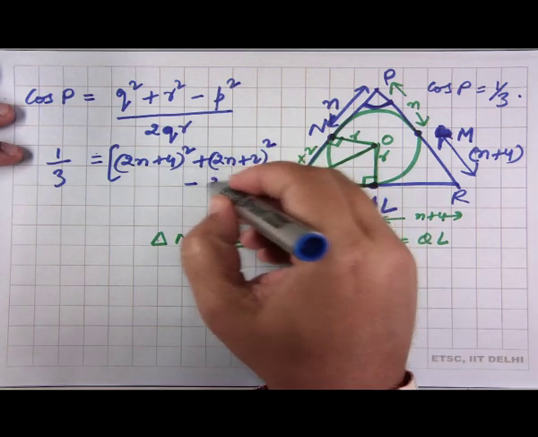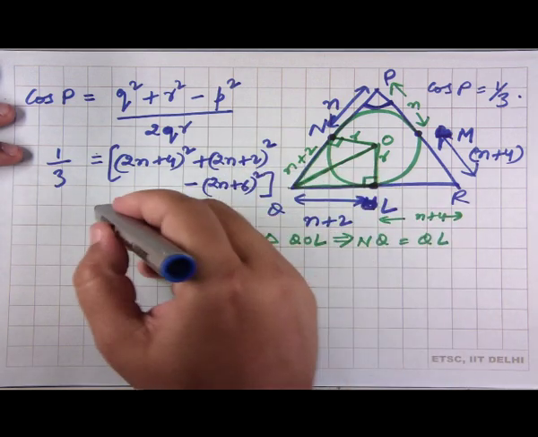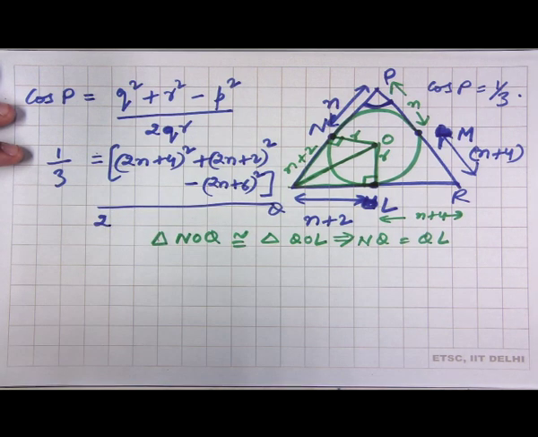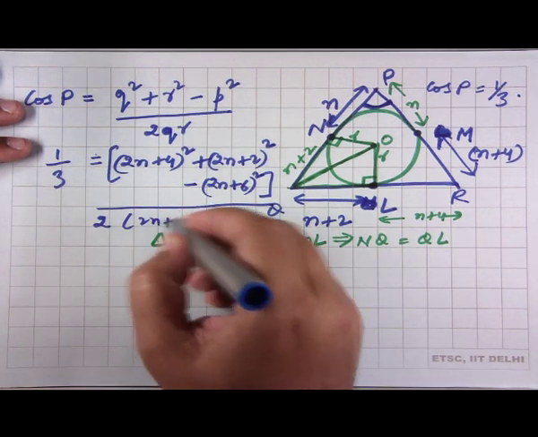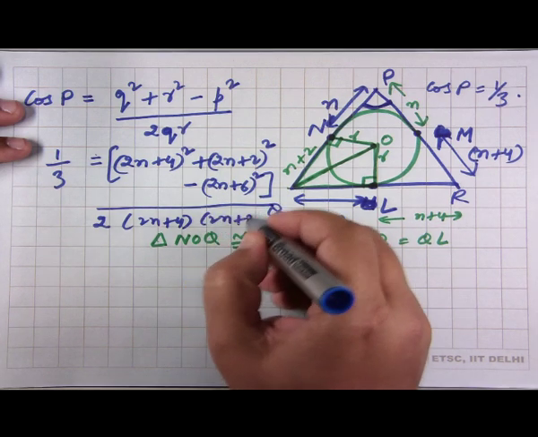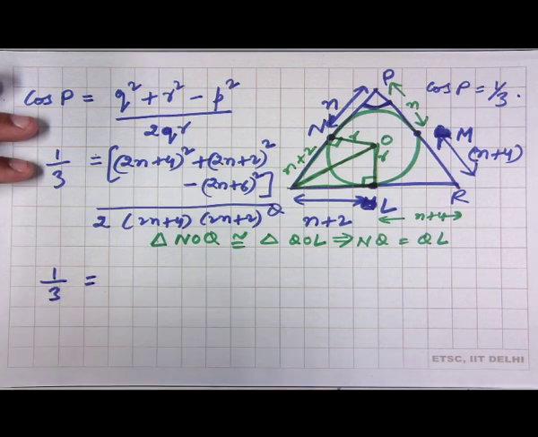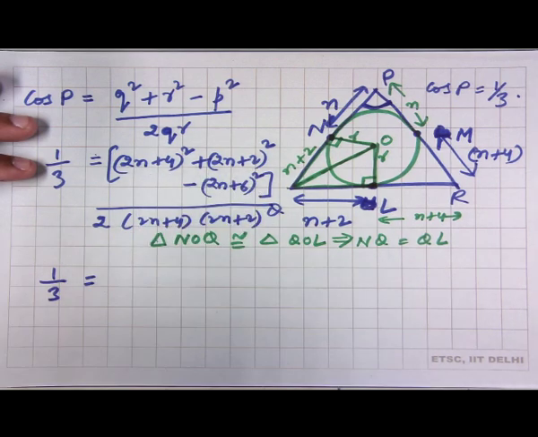So, minus 2n plus 6 whole square, and this entire thing divided by 2 times q times r, and that is 2 times 2n plus 4 times 2n plus 2, and that is actually equal to, so we have a factor of 2 everywhere, as we can see.